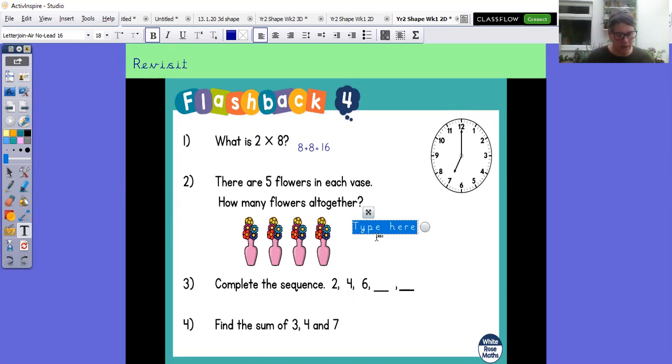We could do our repeated addition, 5, add 5, add 5, add 5 equals 20. Or we could say 4 lots of 5 equals 20.